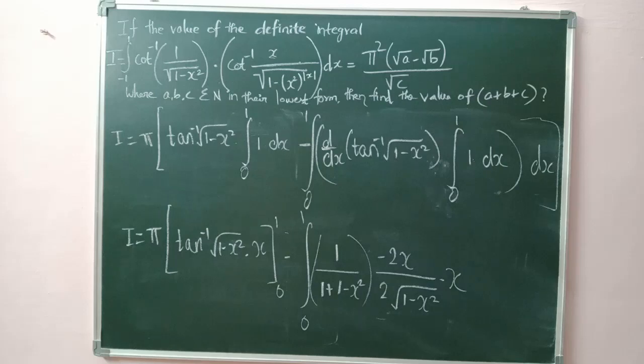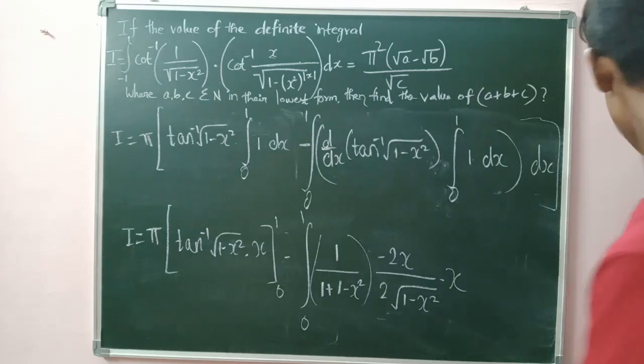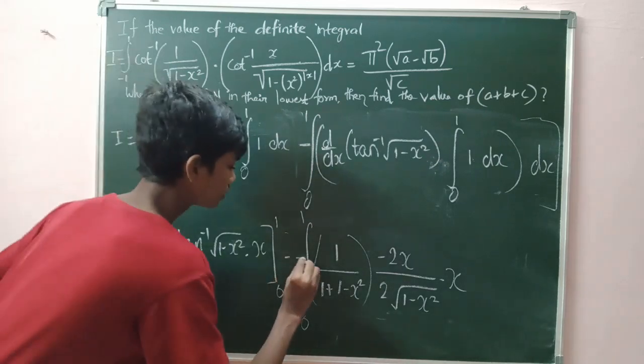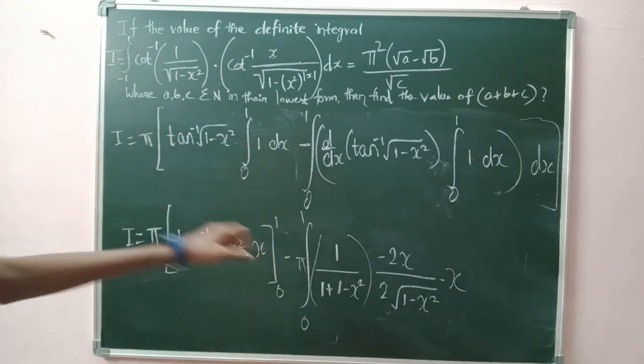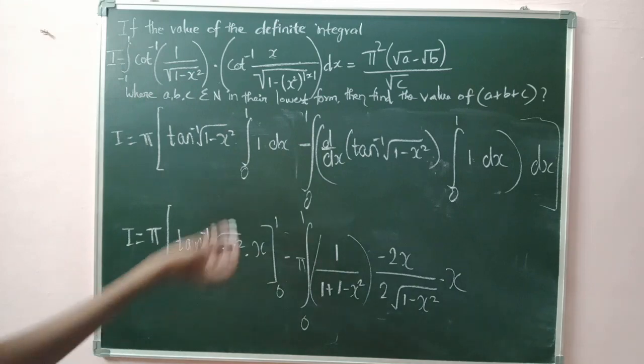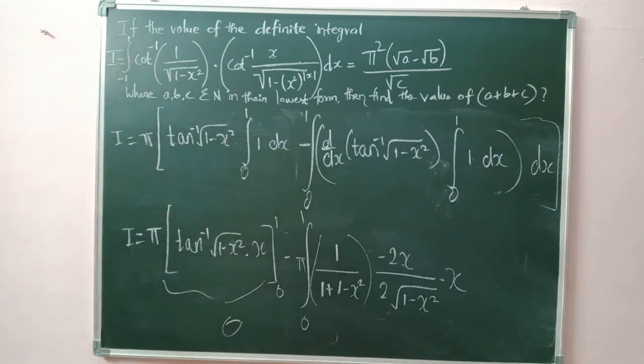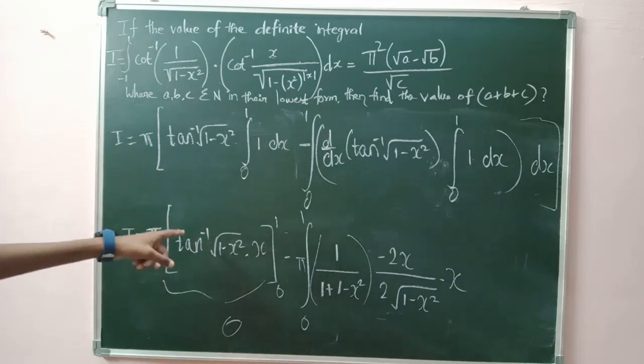Okay, people. So now the next step, one second. The next step I'm going to do is, listen to me very carefully. So here I'm having pi times of, here also should be pi, right? Sorry, I forgot this. It should be pi, because I put pi on the whole. So now we know that of course this particular term is 0. Why is it 0? Because when I put 1, I'll get tan of 1 minus 1, that is 0.